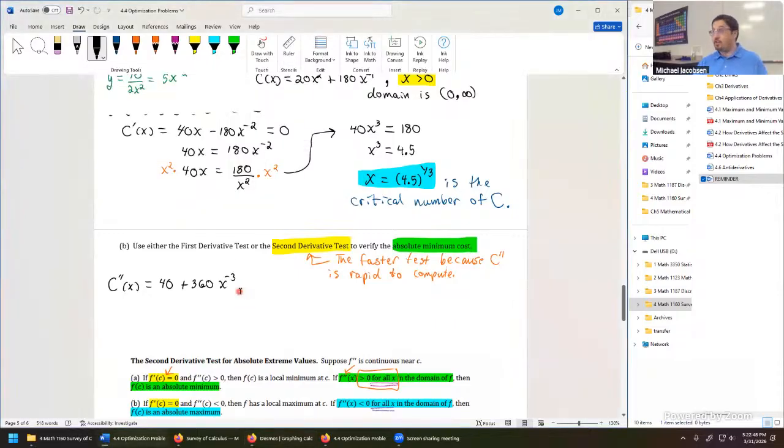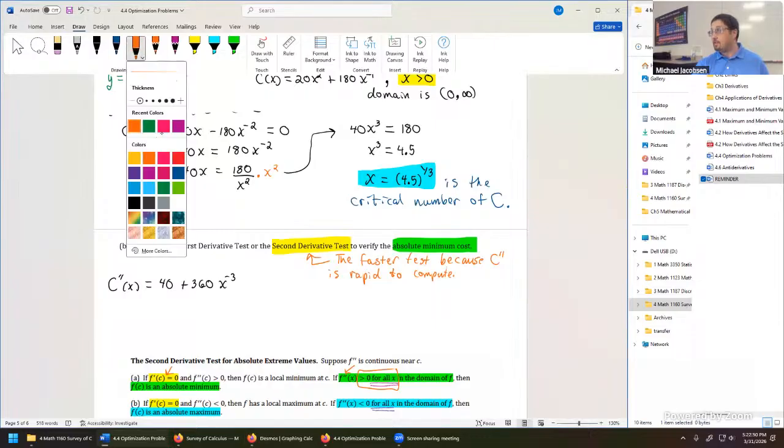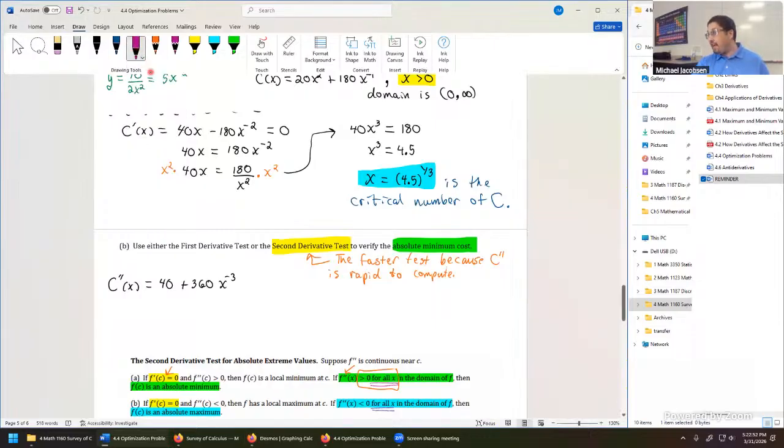So we can actually assert that this is, in fact, greater than 0 for all x in 0 to infinity, the domain of c.